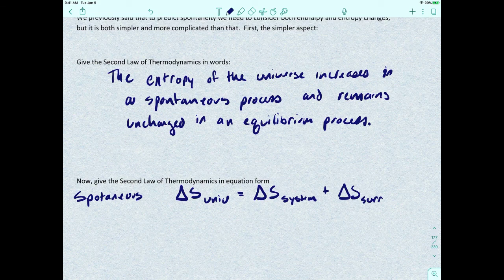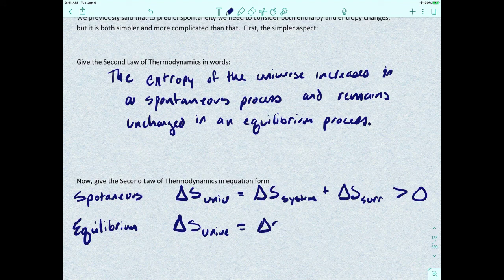Now, when we add up the change in entropy of the system plus the change in entropy for the surroundings, this has to be greater than 0. And for an equilibrium process, when we do the same thing, the change in entropy of the universe is equal to the change in entropy of the system plus the change in entropy of the surroundings.